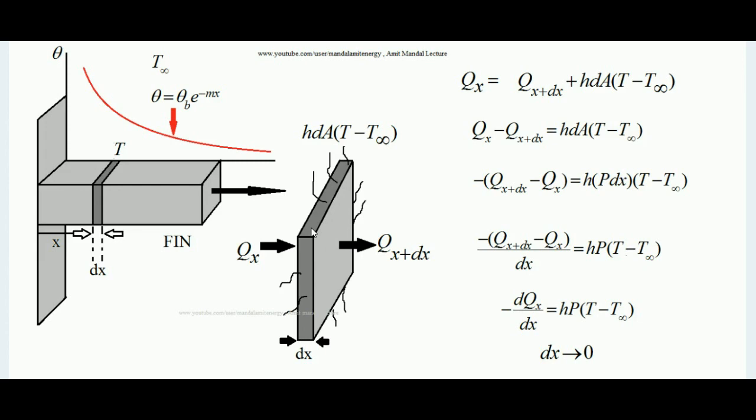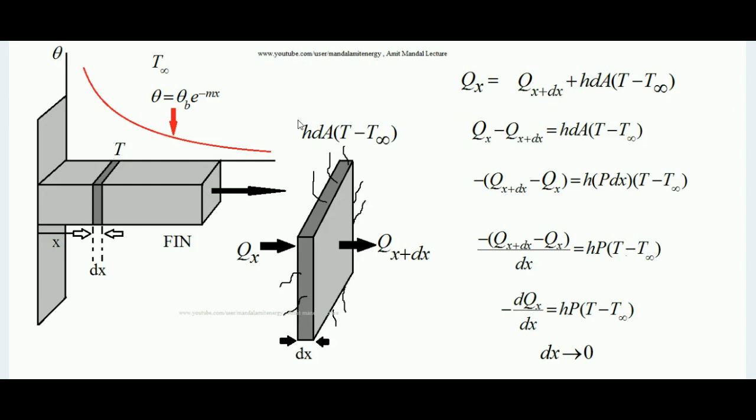It can be understood with some magnitudes. Suppose 100 watt is the heat conducting into the fin, and 20 watt is coming out of this fin by conduction, and the rest, 80 watt, is dispensed to the surrounding by convection. So this is the energy balance: 100 equals 20 plus 80.